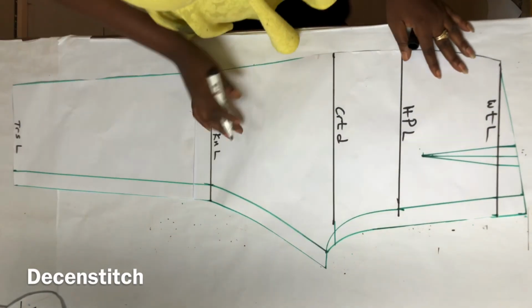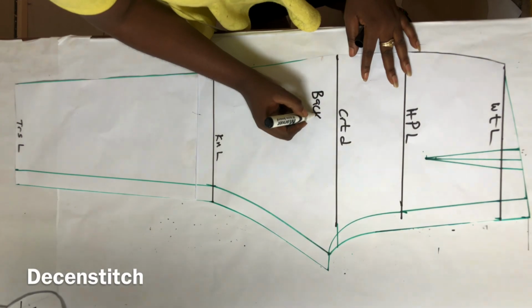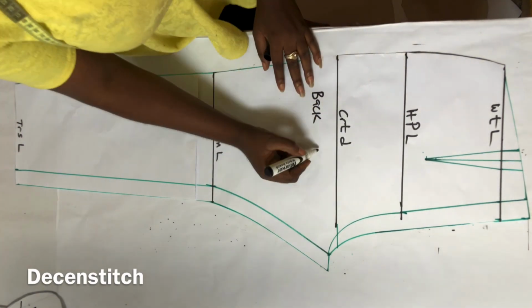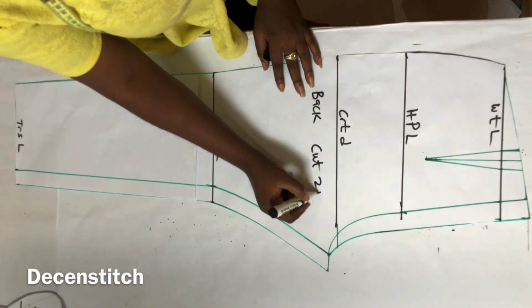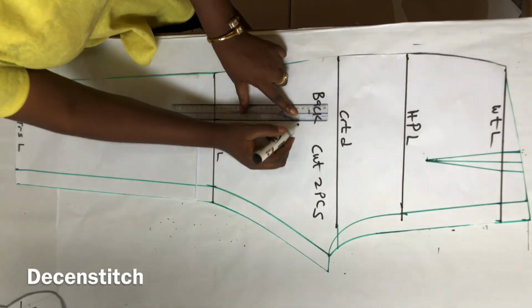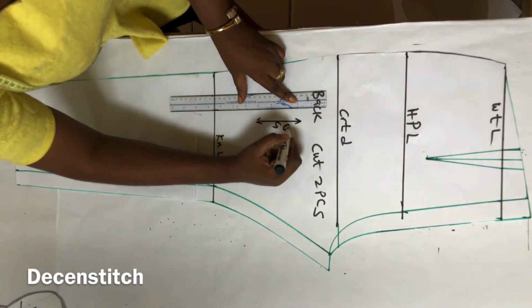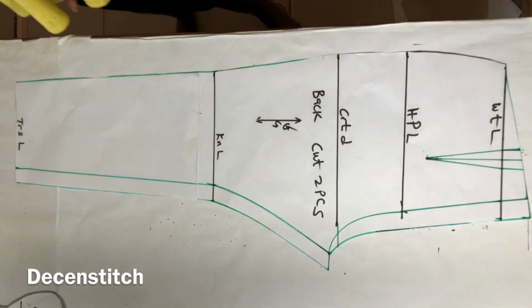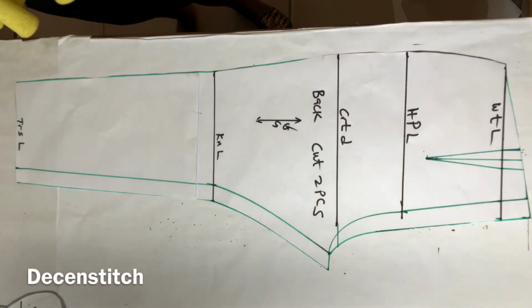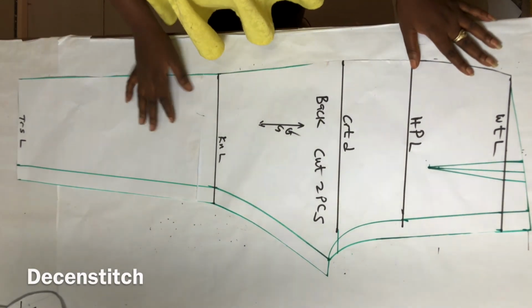This is the back piece. I'm going to cut 2 pieces of this. This is the straight grain. The straight grain shows how you're going to place it on the fabric.